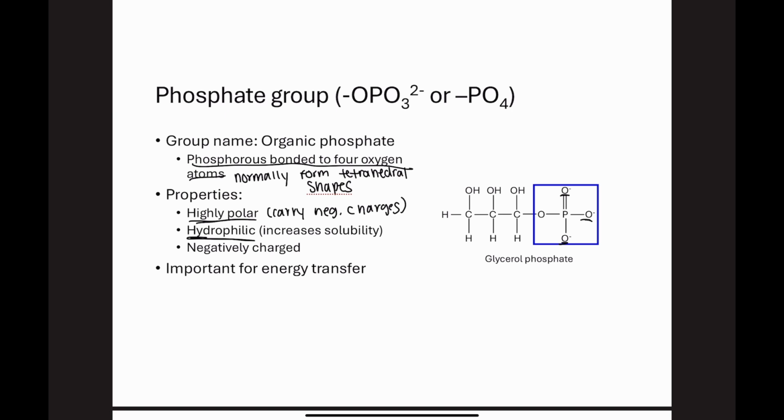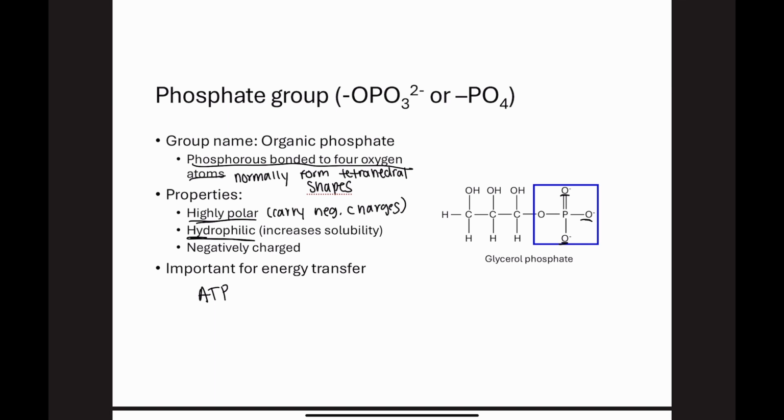So our phosphate groups are central to energy transfer, especially in molecules like ATP, which is adenosine triphosphate. And adenosine triphosphate contains 3 phosphate groups, and we have energy stored in these really high energy bonds.